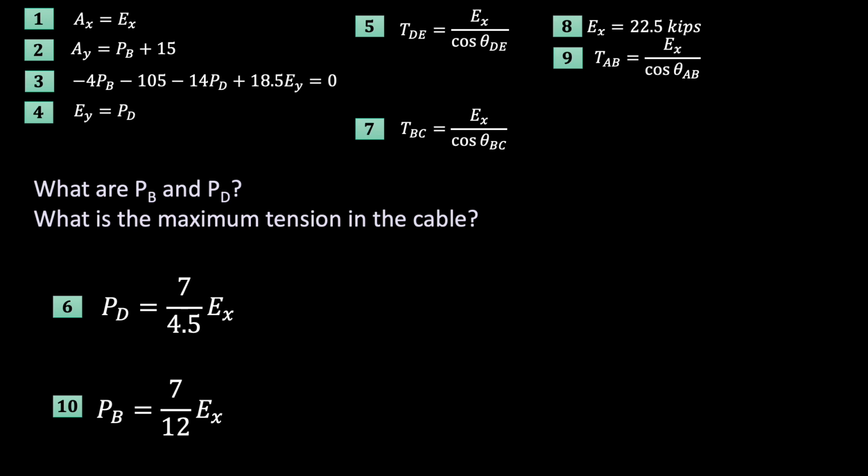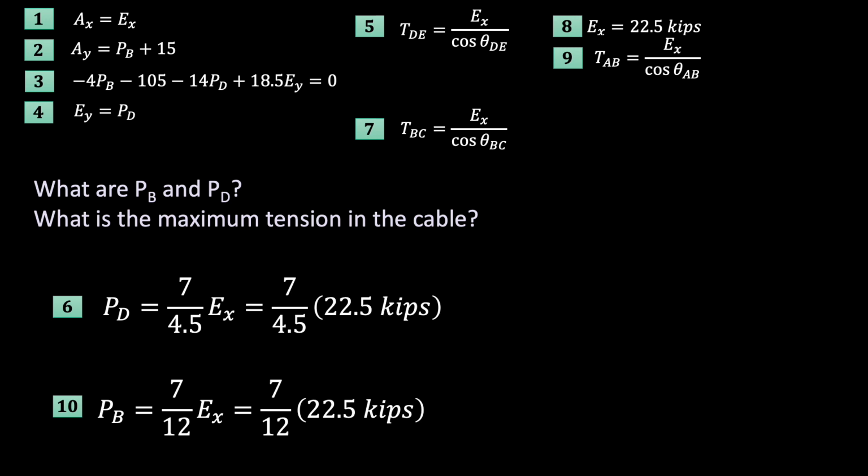Using our equations for PB and PD, all we have to do is plug in our value for EX. We get that PD is 35 kips and PB is 13.125 kips. Our last step is to find the maximum tension.